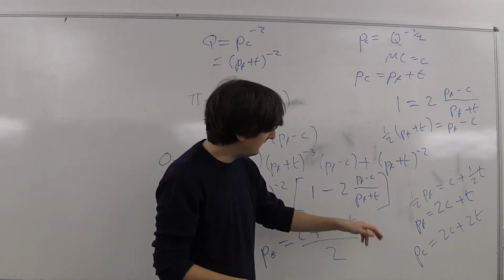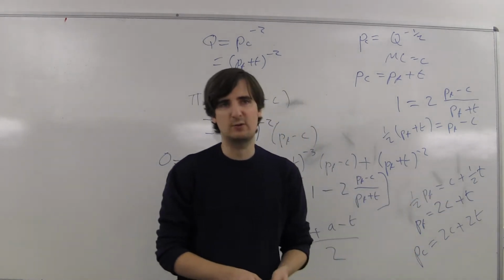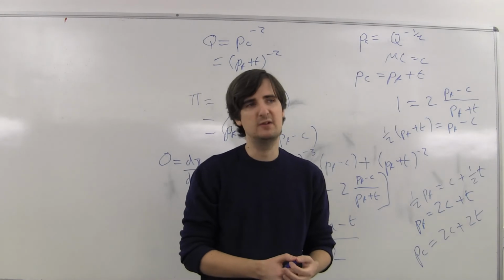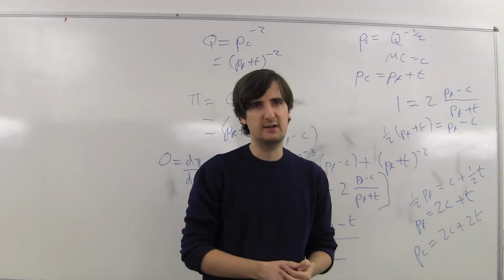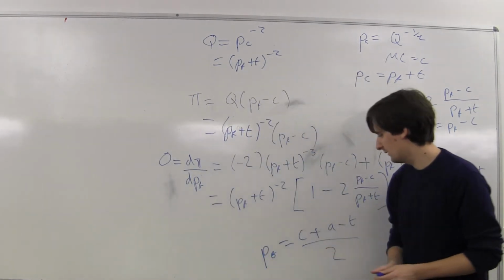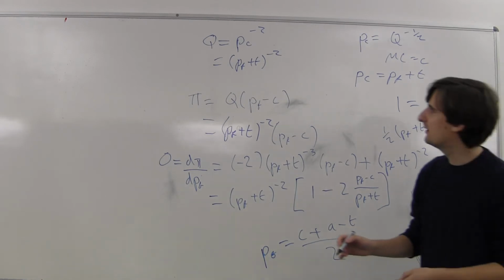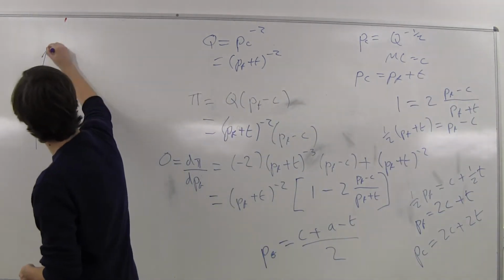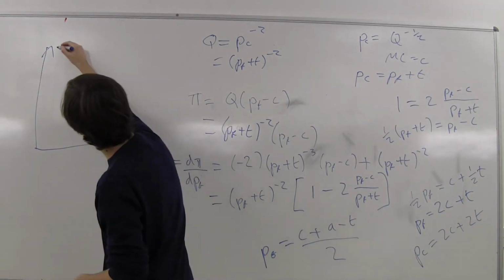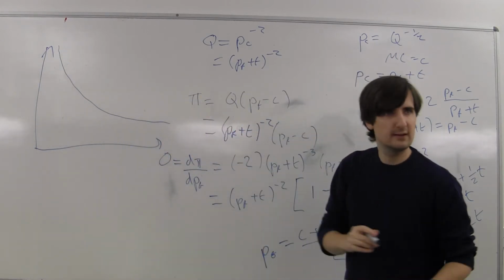This is because the tax is like an extra cost that the firm has to pay on each unit. You know, it's acting like an increase in marginal cost. So remember what these demand curves look like. Okay, they're something like that.